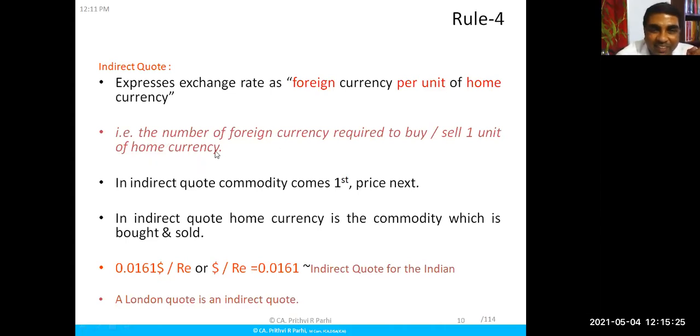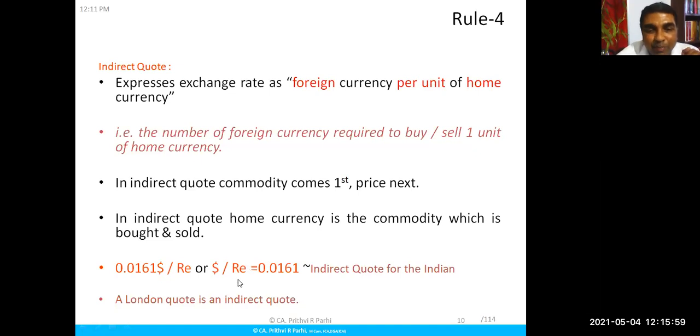That is the number of foreign currency required to buy or sell for 1 unit of home currency. Suppose here I am writing $0.0161 per rupees. That means for 1 rupee, I have to pay this much of dollar, $0.0161. Or you can say dollar by rupee is equal to 0.0161. What is bought and sold here is Indian rupee.